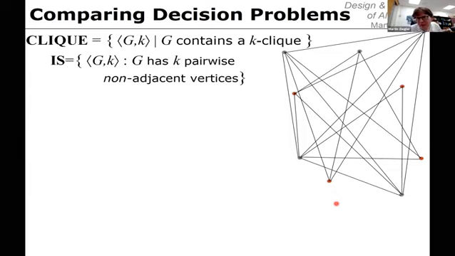And my claim is that this graph has an independent set of size 4. Let me say it again, this graph has an independent set of size 4. There exists a subset of the vertices which are pairwise not connected. Anyone see this subset? Anyone able to convince me that this graph has a subset of the vertices of size 4 that are pairwise not connected?